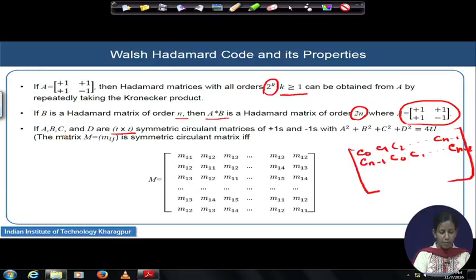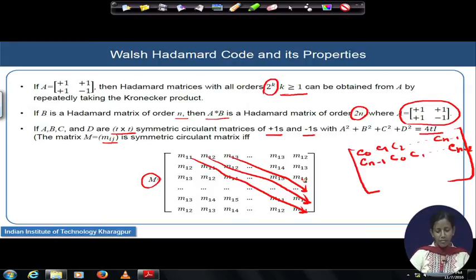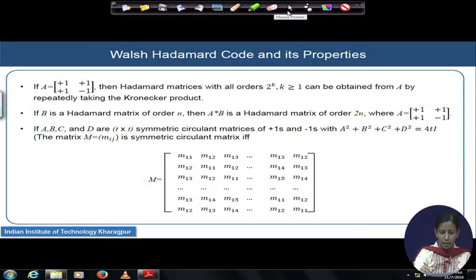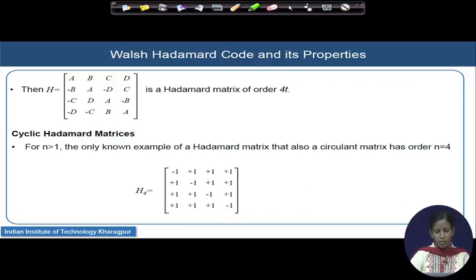Suppose we have 4 matrices which are T cross T symmetric circulant matrices, and their entries are restricted to be +1 and -1, in such a way that if you square them and add them up, you end up with 4T. Then the bigger matrix M, having entries m_ij, will be a symmetric circulant matrix if and only if this construction holds, where each element has the symmetric circulant property.